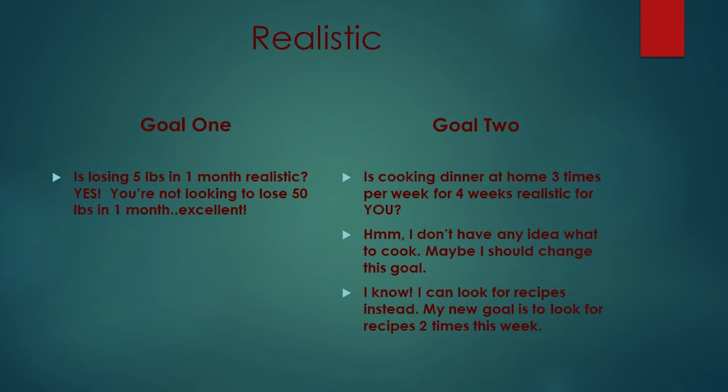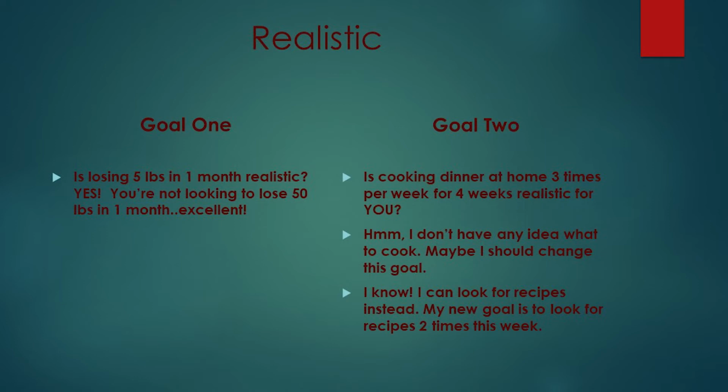So maybe that's not a good goal for me. So maybe I'll change my goal and I will say instead, I'm going to spend 2 nights a week this week looking for recipes. Okay, so that's a realistic goal. That I can do. I'm not jumping into cooking a whole bunch of homemade meals.